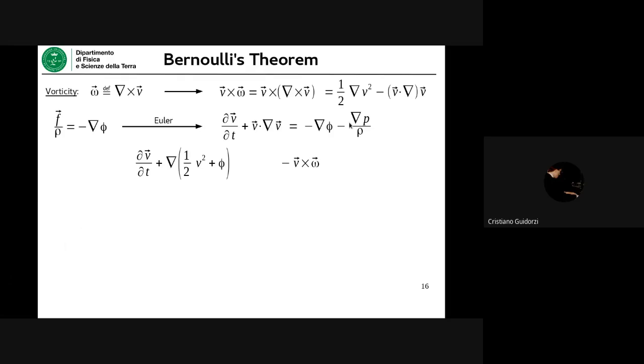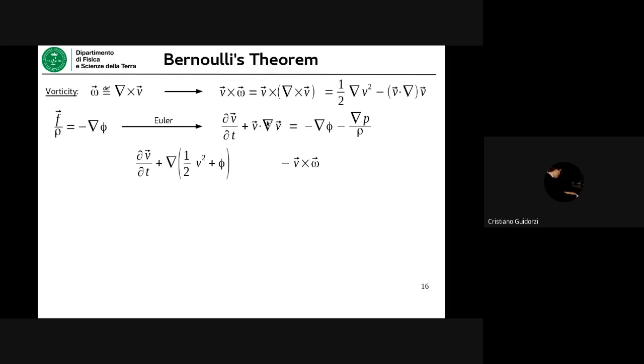Now, let's consider V scalar gradient of V. We can express this guy as this one minus this one, which is exactly what I did here, because you have 1/2 gradient of velocity squared, and then minus V vector omega.